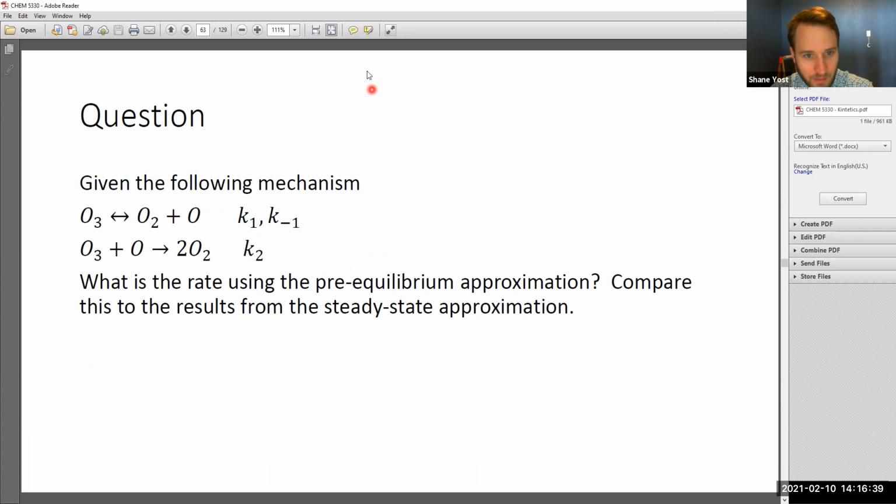And let's see here. I think I have this. Hold on, let me pull up something. Oops. I have the solutions to that. I typed that somewhere, I believe. Just give me one second.